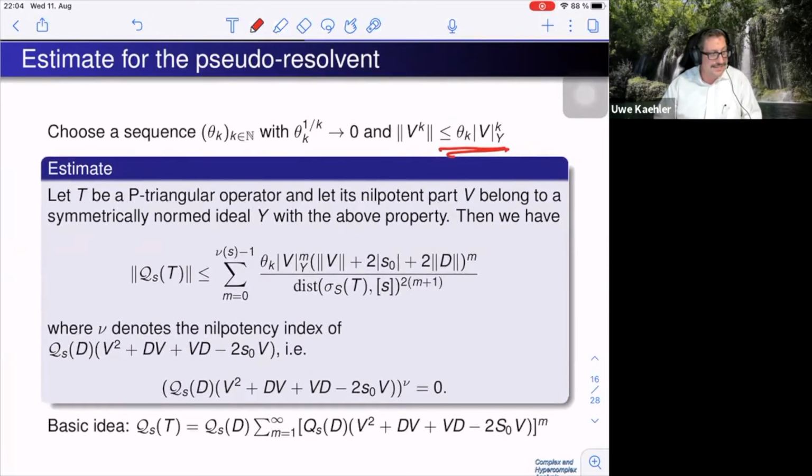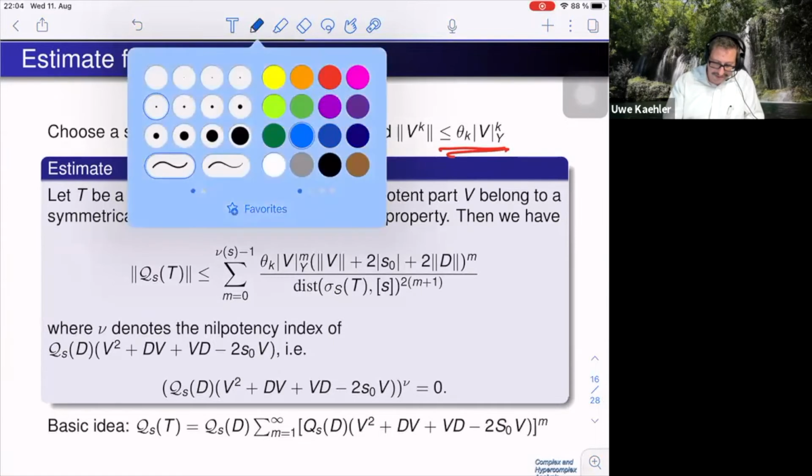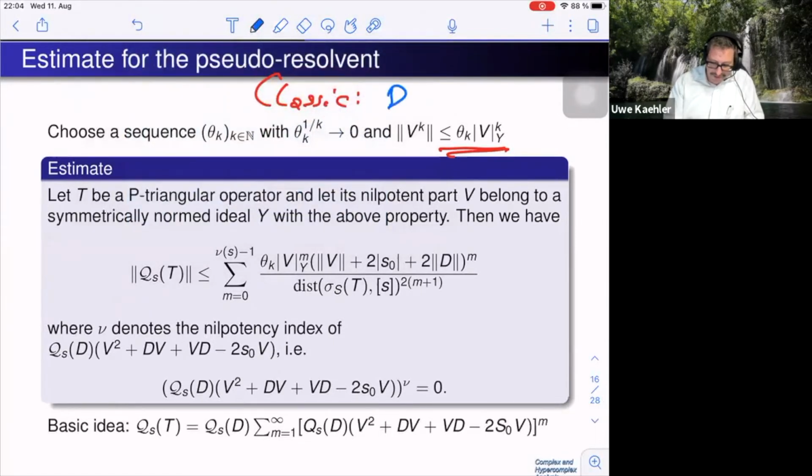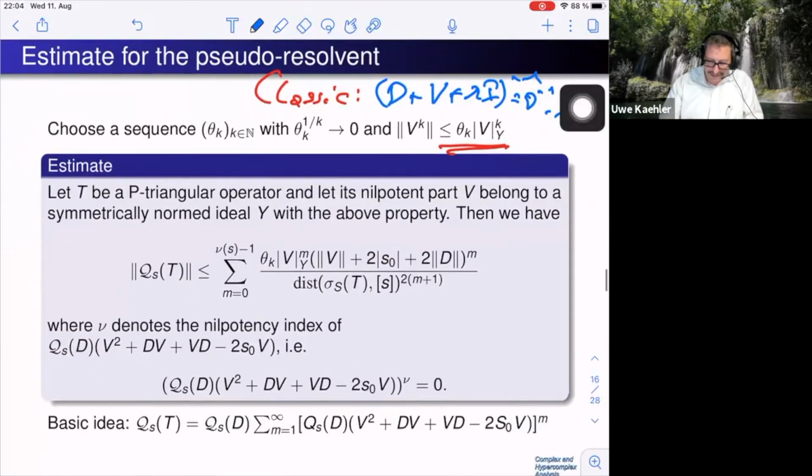In the classic case, not our case, you could simply say, okay, look, guys, I write the whole thing as (D plus V plus lambda I) inverse, and then I put D outside as the inverse, so D to the minus 1, and so on. You would use that decomposition to discuss the things, and then D to the minus 1 is applied to V, and here appears also.